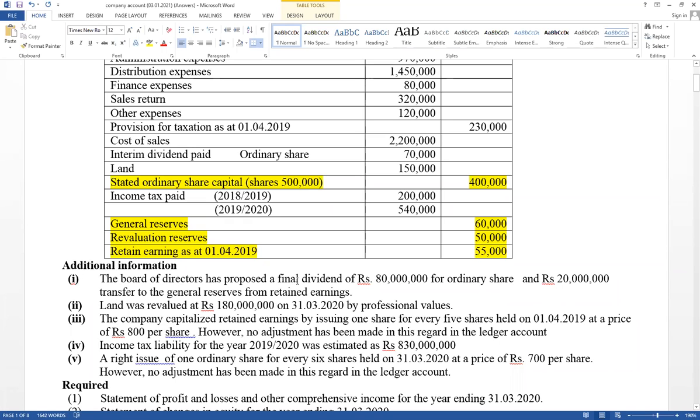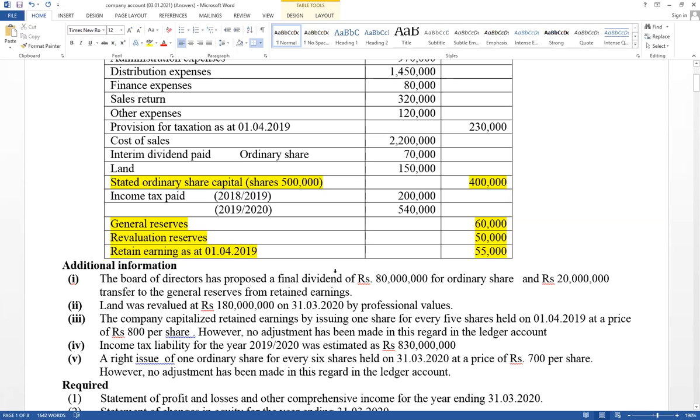Board of directors has proposed final dividends of 80,000 to the ordinary shares. Based on LKAS 10 events after the reporting period, proposed dividends for ordinary shares is a non-adjusting event. Therefore, proposed dividends for ordinary shares cannot be adjusted on the financial statement.